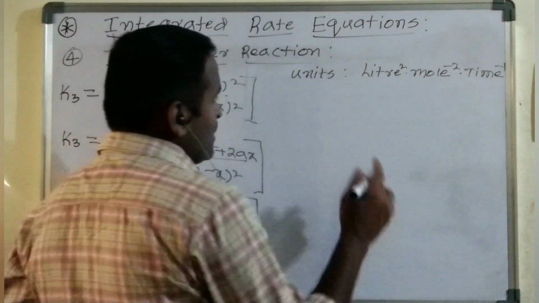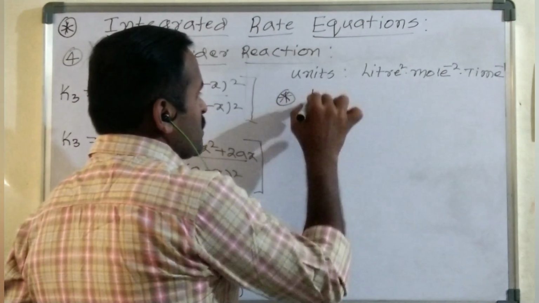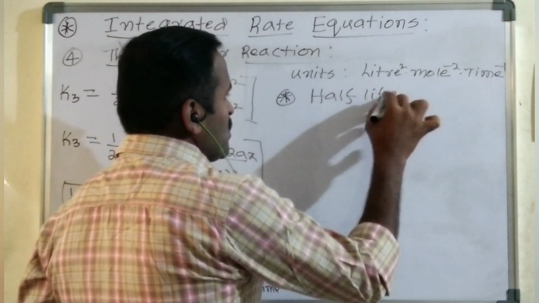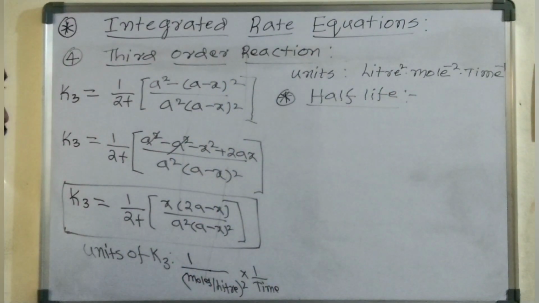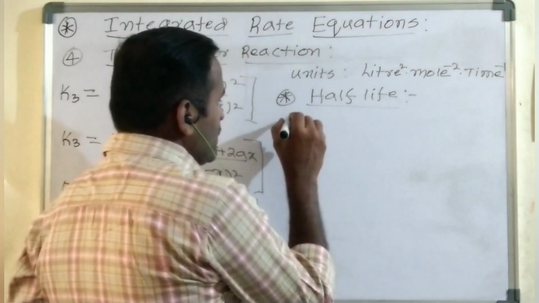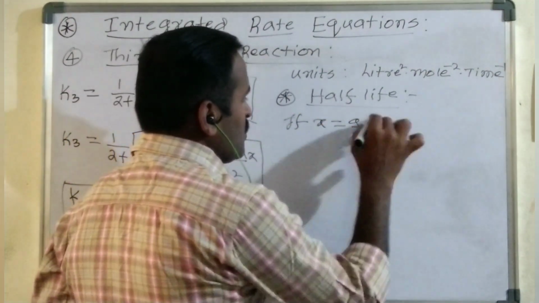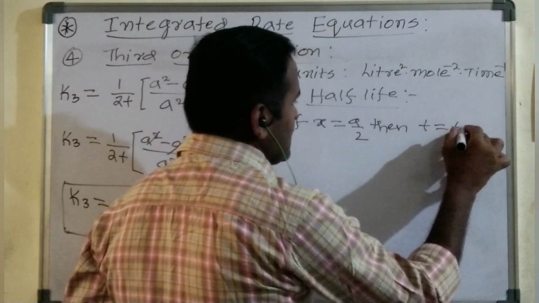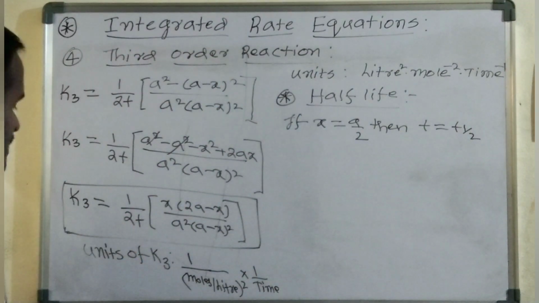And in the same way, I can write the half life. Half life is the time required to complete 50% of the reaction, or 50% of the initial concentration. So if x is equal to a by 2, then I can write this as t half, and substitute this in the above rate constant equation.